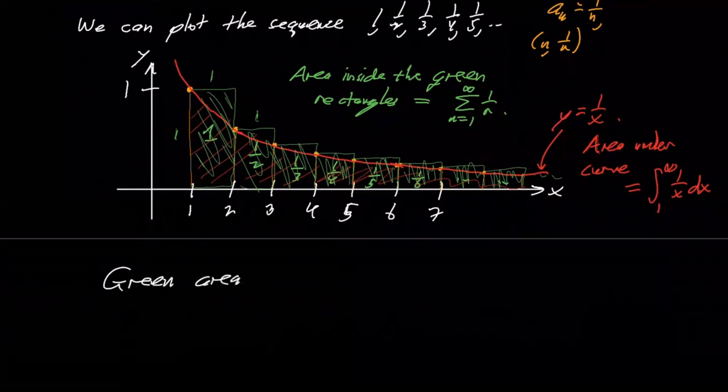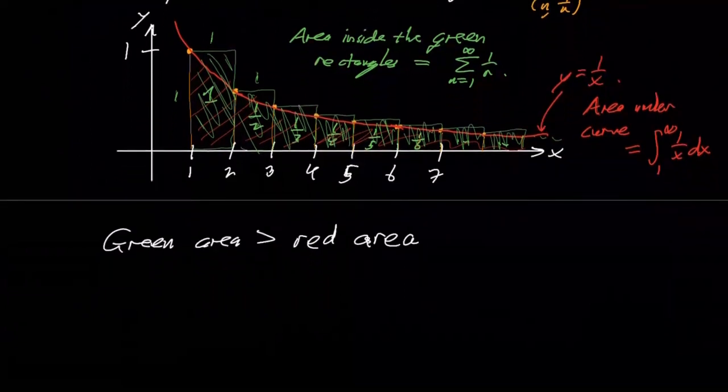Hopefully you're not colorblind, although I don't know if that means you couldn't tell the difference between these. Anyways, the green area is bigger than the red area, which means that the harmonic series, the sum of 1 over n, is greater than the improper integral.